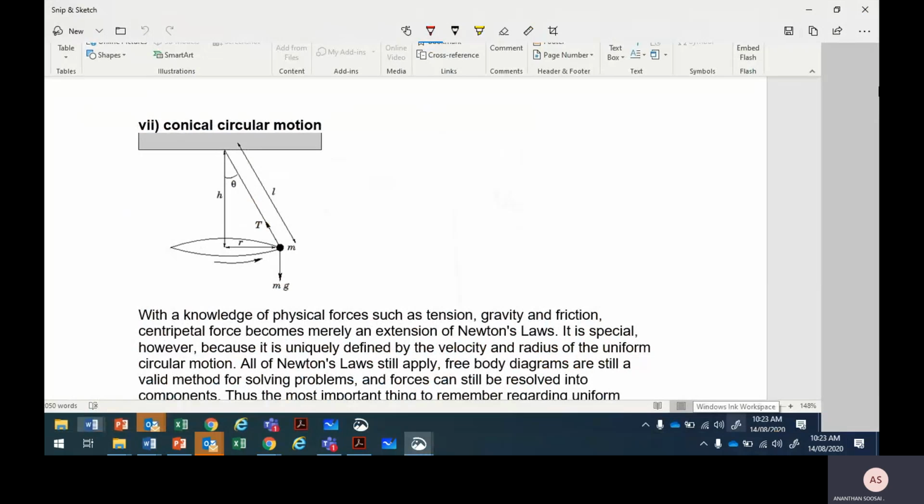It's a conical circular motion. You whirl the pendulum like this, it makes a cone. So mg is acting down, tension is that way. So what equals to mv squared over r?